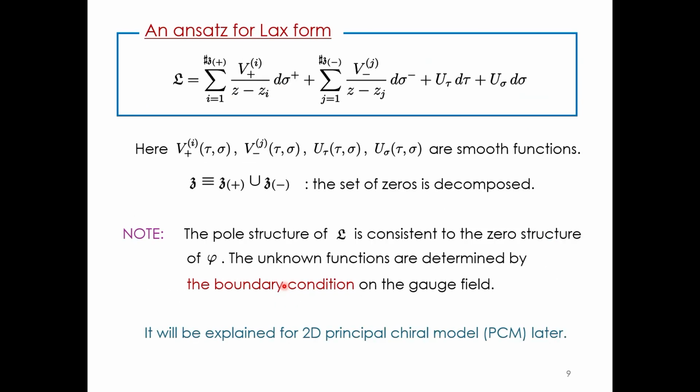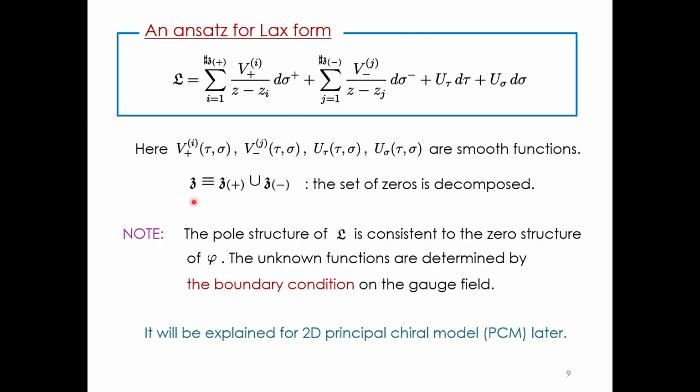So usually we put a simple ansatz to determine the form of the Lax form, something like this. σ+ and σ- are light-cone coordinates. So τ and σ are coordinates for the 2-dimensional Minkowski spacetime M, and now we have introduced the light-cone coordinates like this.